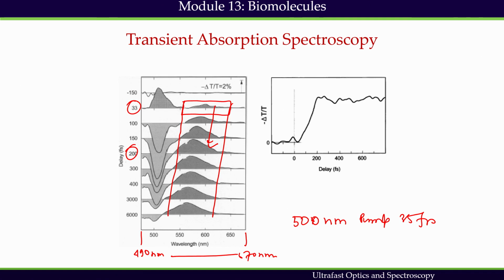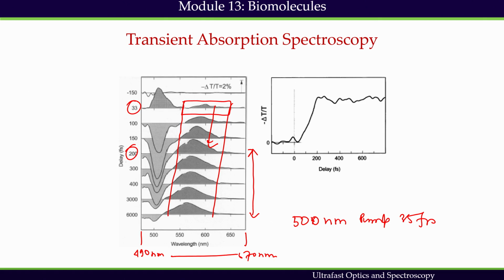So after 200 femtosecond and until 6 picosecond, we do not have much change in the photoproduct absorption. That means the photoproduct has been formed within 200 femtosecond, and after that it remains in the same form.